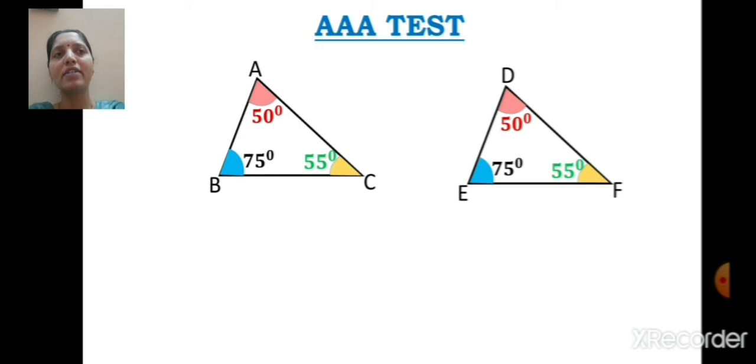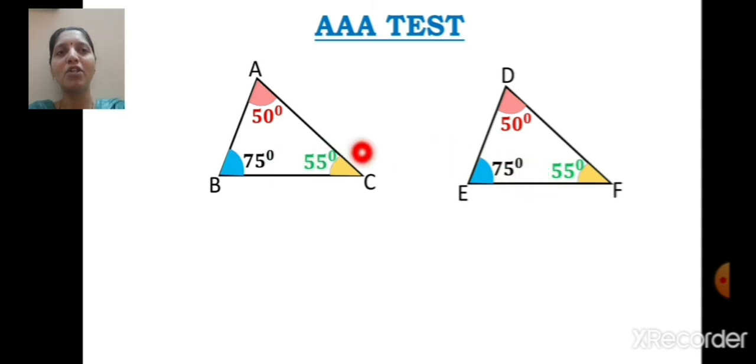Okay, so let's start with the first one, that is the AAA test. So it is nothing but the angle test. That means you have to consider all the 3 corresponding angles of these 2 triangles. So here triangle ABC and triangle DEF are given. Angle A is 50 degrees, angle B is 75 degrees, angle C is 55 degrees. Same way, angle D is 50 degrees, angle E is 75 degrees, angle F is 55 degrees.